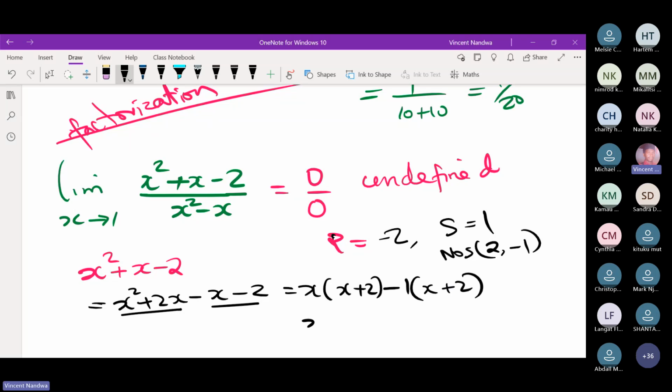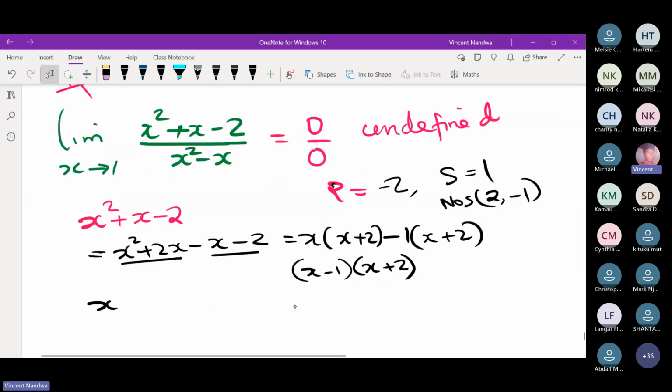This gives x minus 1 times x plus 2. That's the factorization of the numerator, and x squared minus x is very easy to factorize.